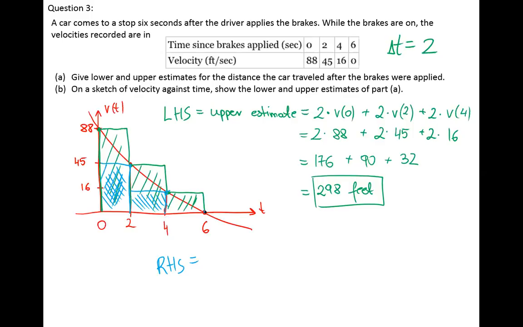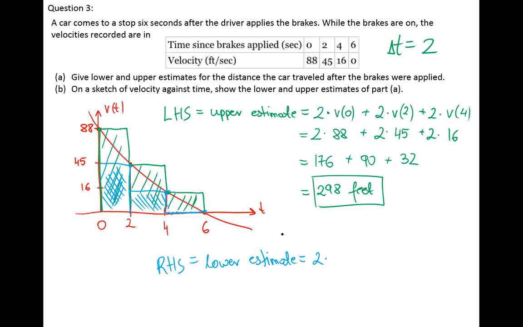And 4 and 6: 6 is on the right-hand side, and actually, 6 has the value 0. No rectangle, but I can still use it in my calculation. That means this is definitely a lower estimate.